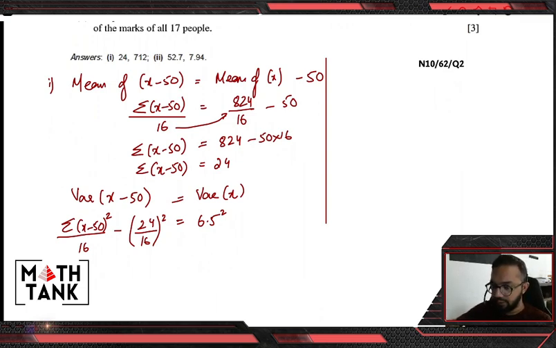So 6.5 squared plus 24 squared divided by 16 squared, all multiplied by 16. When I cross multiply and add and subtract, that gives me 712. So I've gotten both answers that are correct.